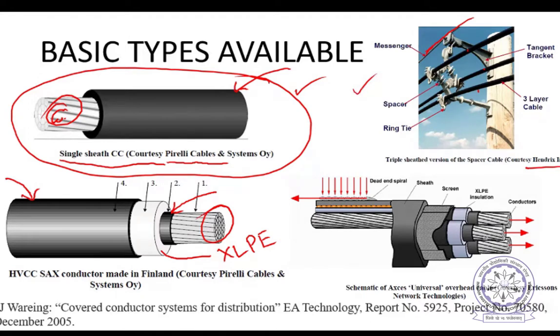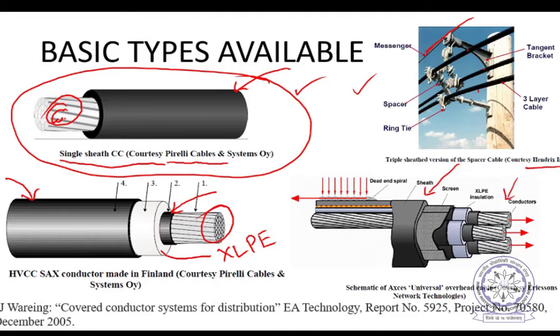And the final one is, why don't we put a cable only? Why go for covered conductor or bare conductors? Whatever underground cable, submarine cable is there, the same type of construction we make for overhead lines also. So simply a single casing, in which we can have 3 cores of cables.